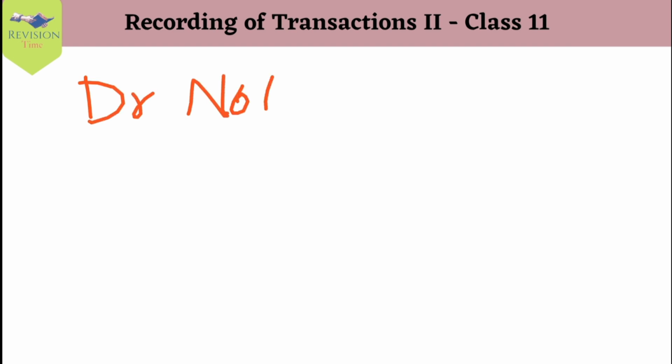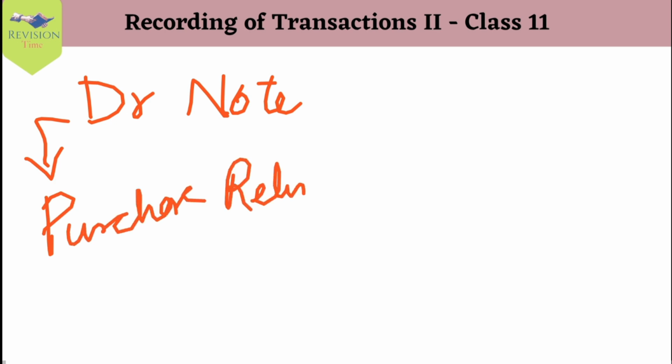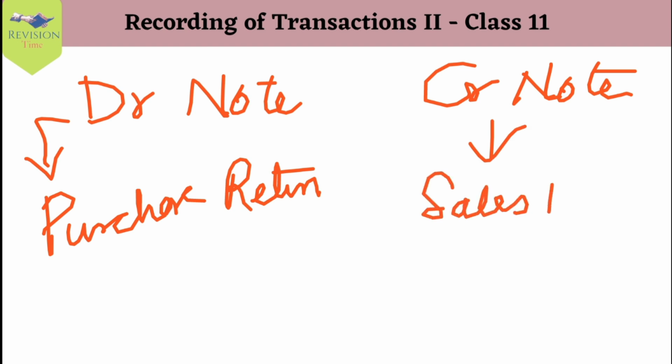Debit note is raised when we are returning back the goods which were purchased on credit, purchase return. It is issued and sent to the supplier. Credit note is issued when the goods are coming back to us which were sold on credit, which means sales return, and it is sent to the customer.